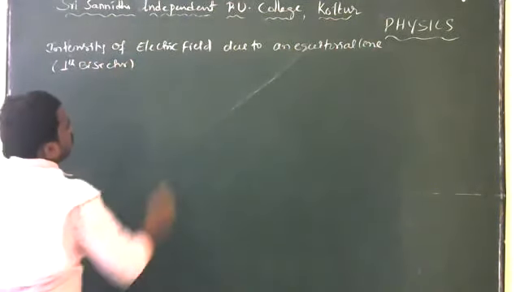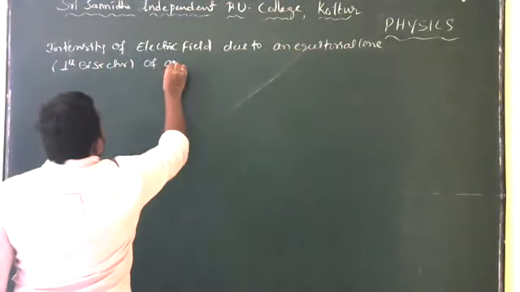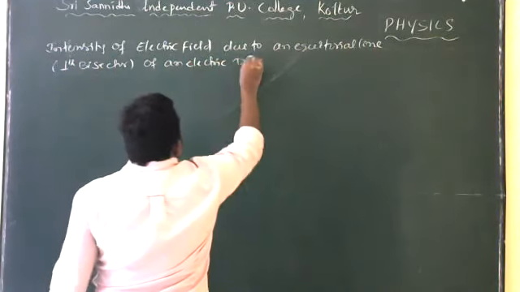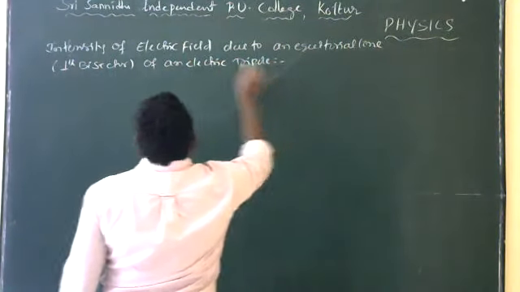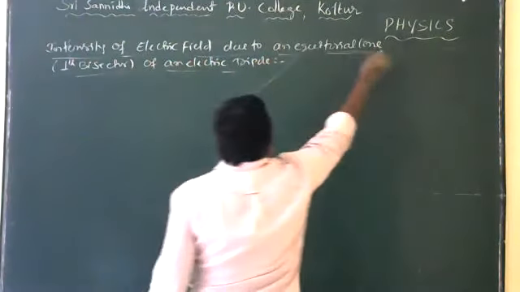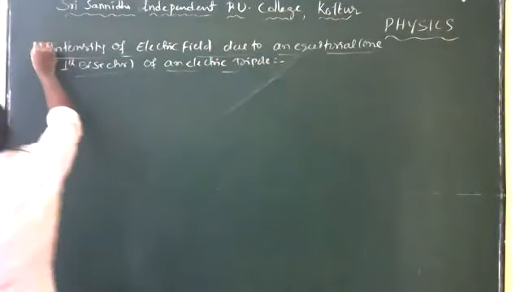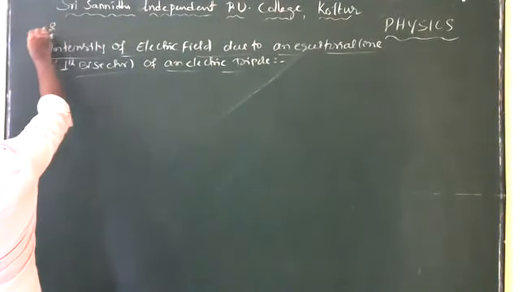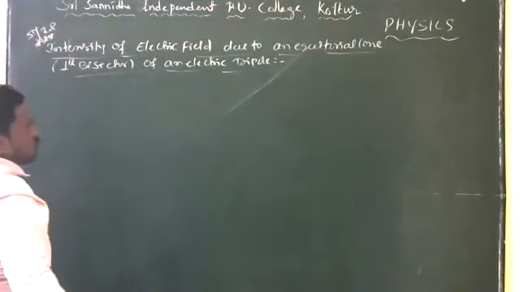Equatorial line of an electric dipole. So this is also one of the most important questions. Okay, so I already said, these two questions are very very important in the board exam. So this is also a 5 marks question.